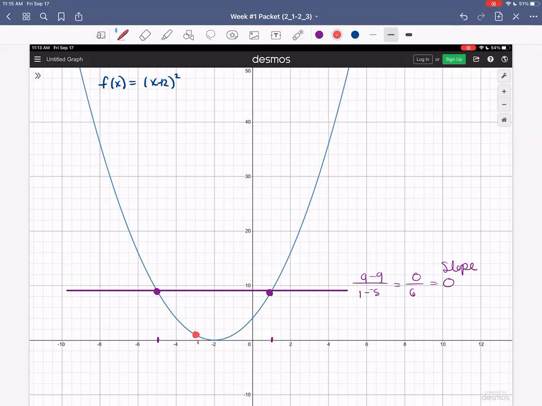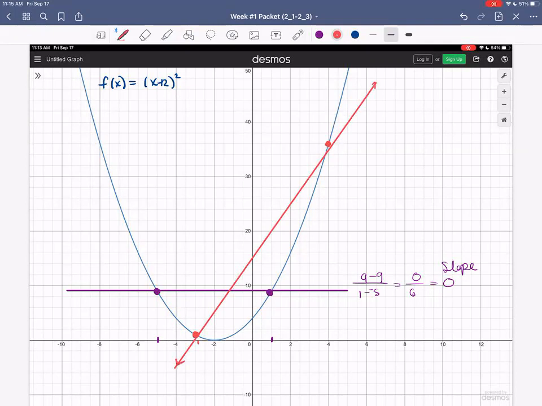And at 4, our output is way up here at 36. So now the average rate of change will be the slope of the secant line between these 2 points.